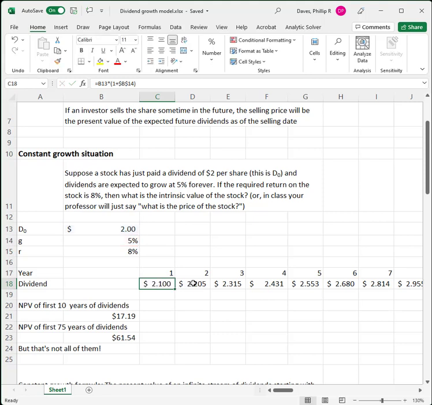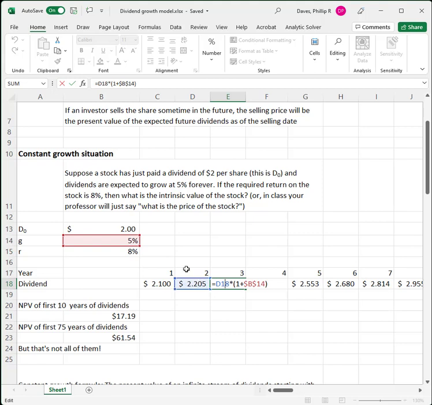You will get $2.22, which is the $2.10 grown up by 5%. You will get $2.31, and that would be the $2.20 multiplied by 1 plus the growth rate.